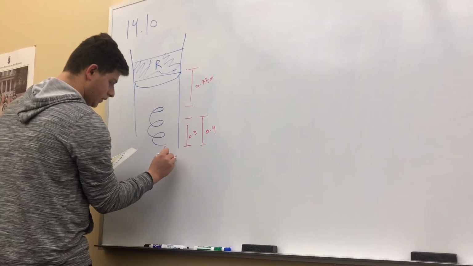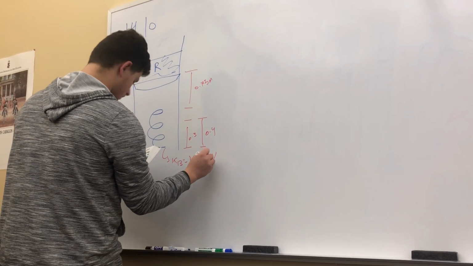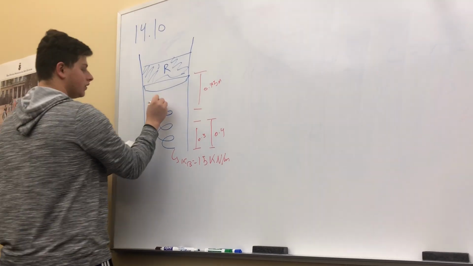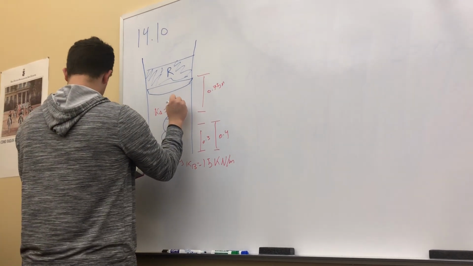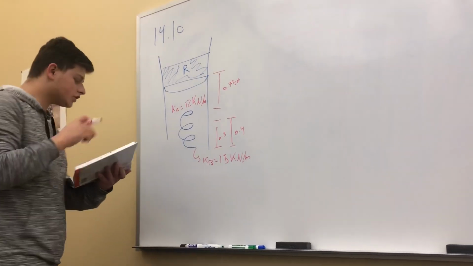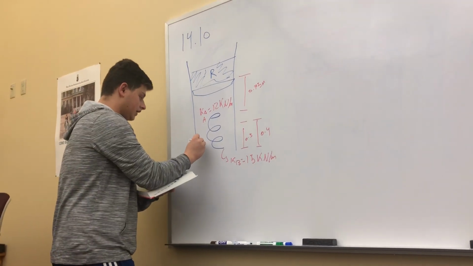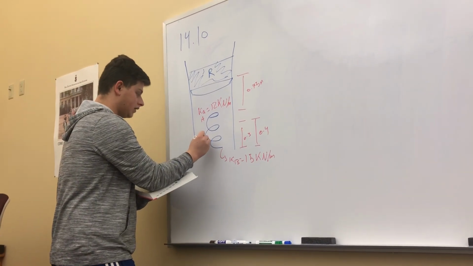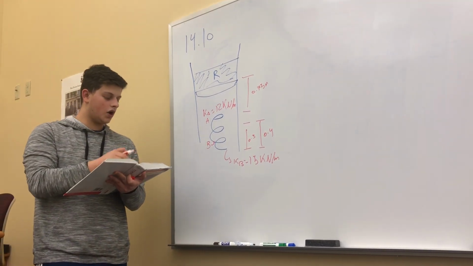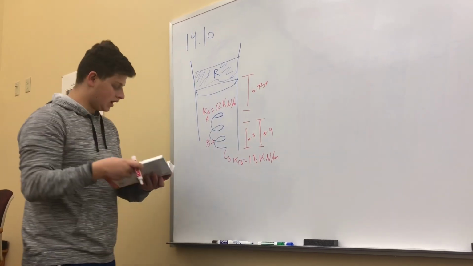We've got K of B is equal to 15 kilonewtons per meter, and K of A is equal to 12 kilonewtons per meter. So as I said, this is A, and this is B. So A has a stiffness of 12 kilonewtons, and B has a stiffness of 15 kilonewtons.